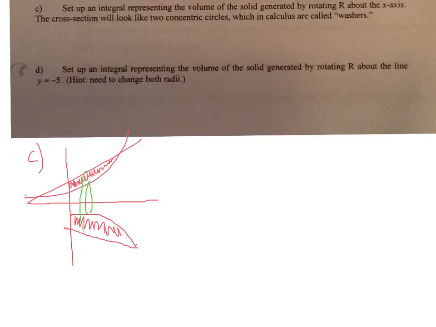Now there's going to be a cross section, is what it's called. It is as though I am slicing a knife through what has been rotated. And if I was looking at those, I would have 2 circles, and the area that I'm trying to find is the area in between those 2.